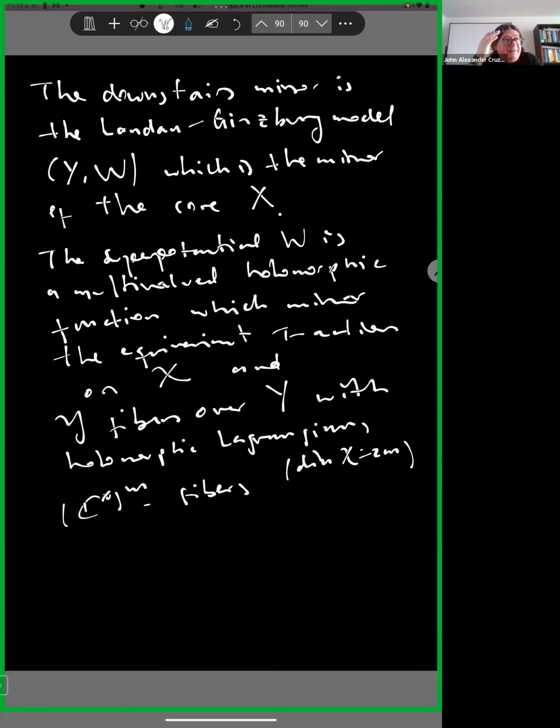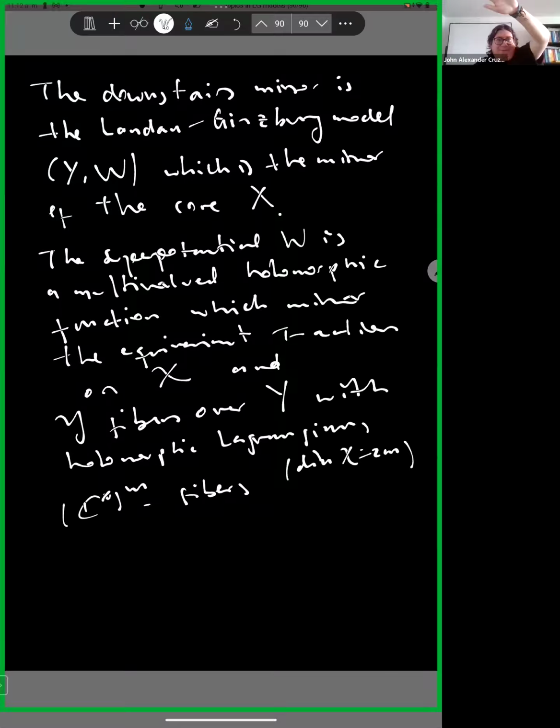So here there is a kind of technical and subtle thing. When we construct the downstairs mirror, and when we construct the upstairs mirror, we didn't consider the torus action at all. So that was not equivariant in a certain sense. But when we want to have the complete picture, we need to consider the torus action.